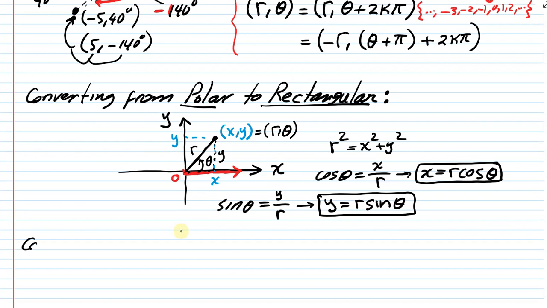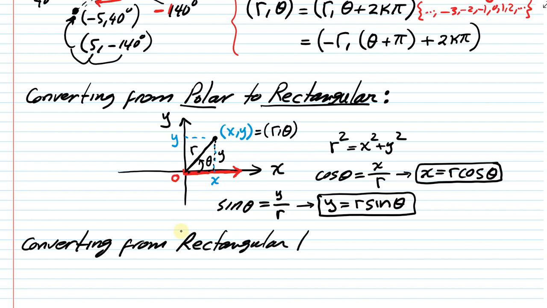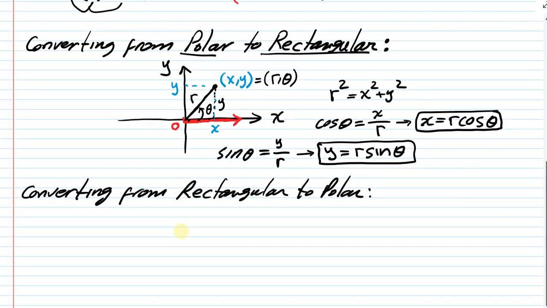Now, how do we convert the other way around? Let's say we want to convert, this time, from rectangular to polar. So in other words, you're given x and y and you want to find r theta. Well, we already mentioned r squared is x squared plus y squared. Remember, the givens are the coordinates in Cartesian.